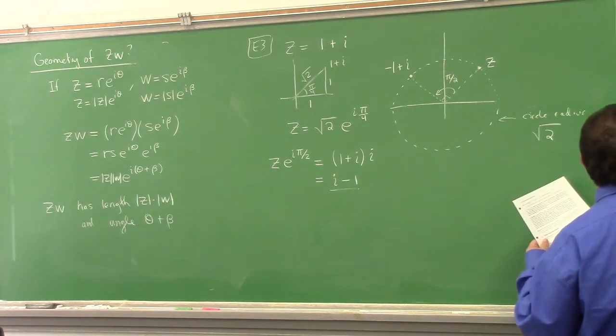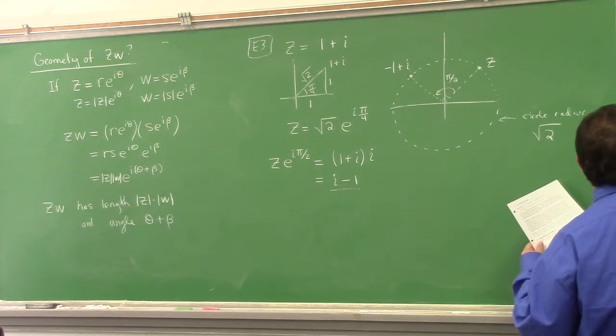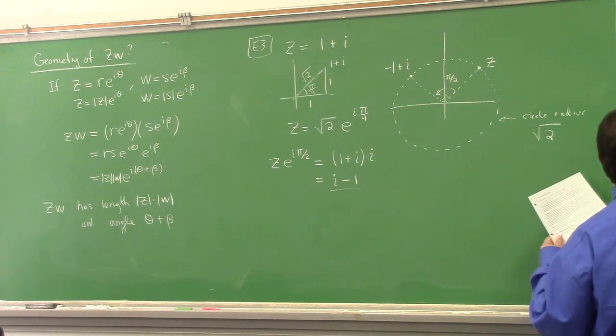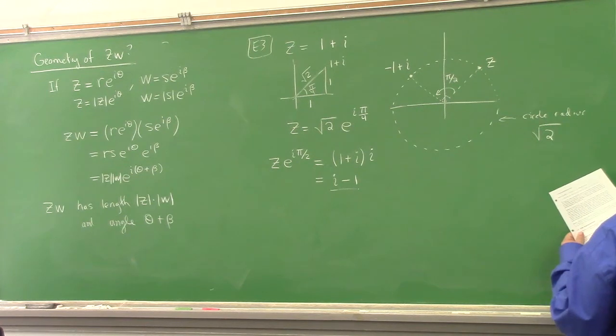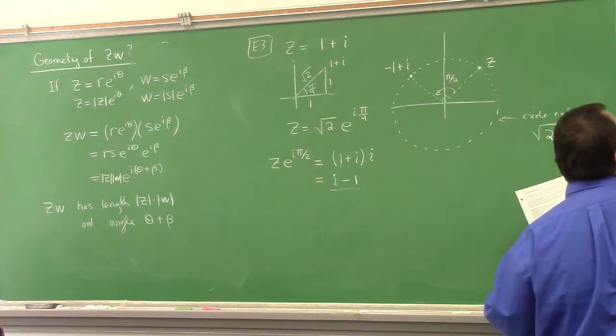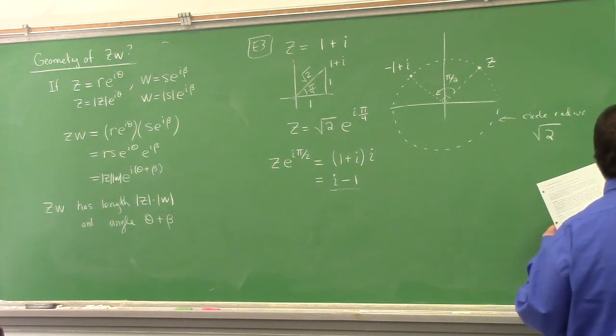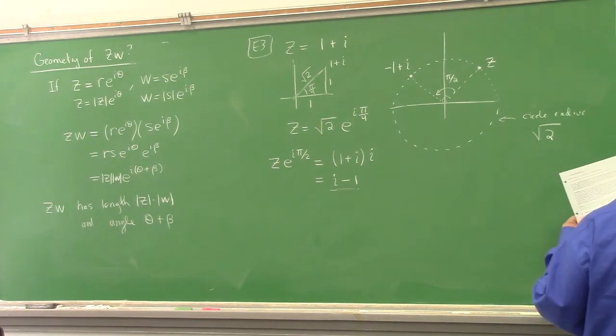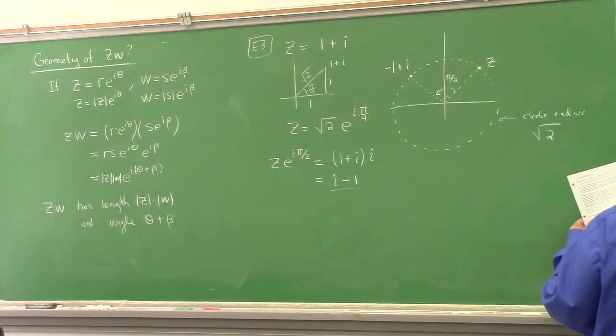The principal argument of z is, let's say, theta naught, which is an element of minus pi to pi included, for which z is equal to modulus of z times e to the i theta naught.